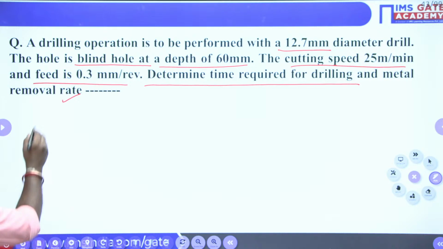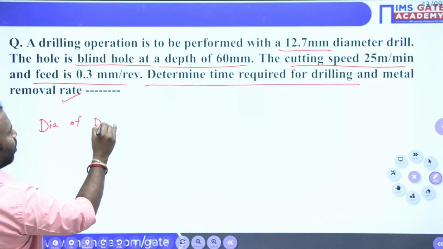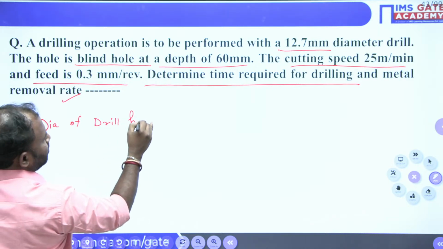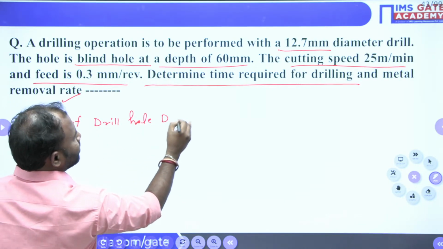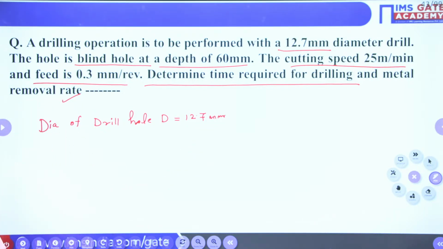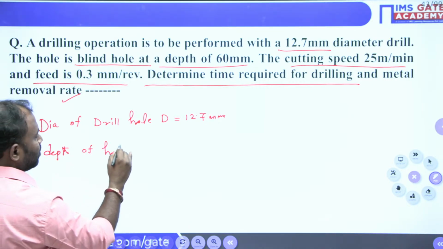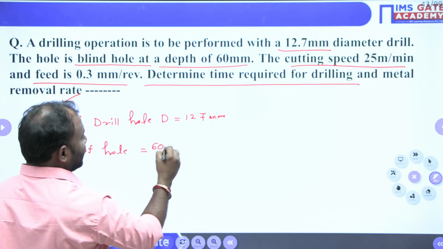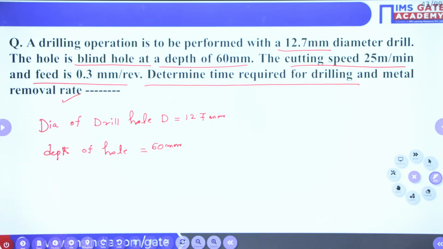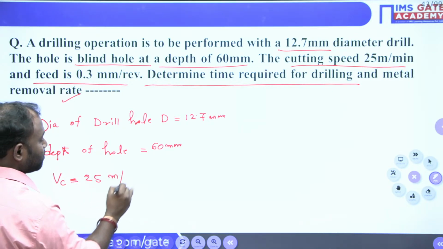Diameter of the drill bit, diameter of the drill hole D is equal to 12.7 mm. Yes guys. Okay, next is the blind hole. So depth of hole is equal to 60 mm, and cutting speed VC is equal to 25 meters per minute.